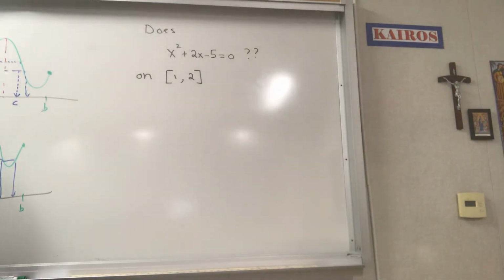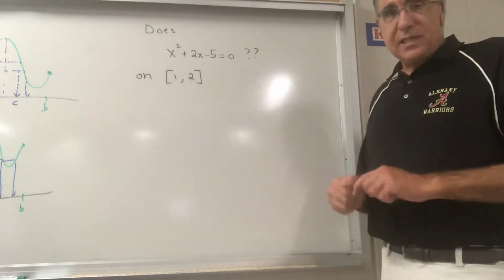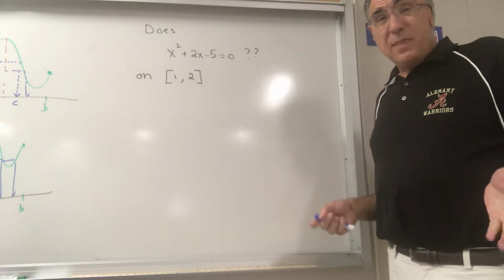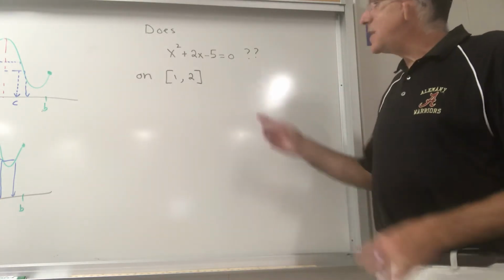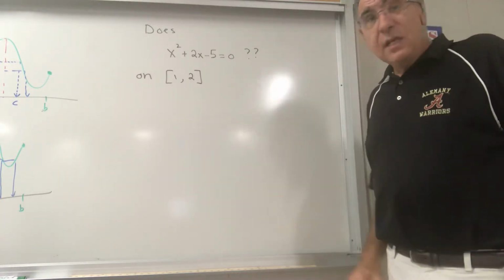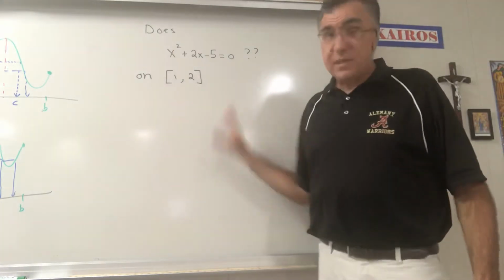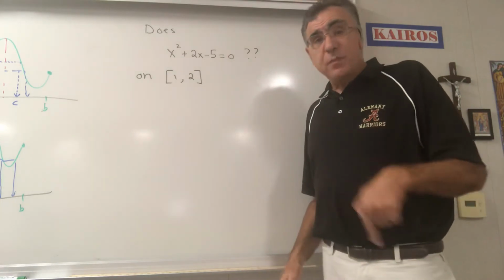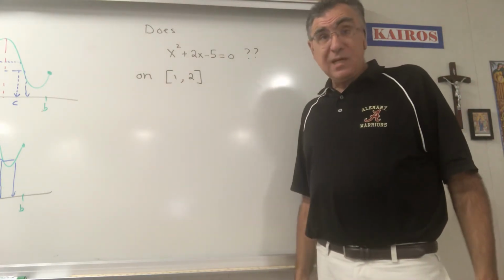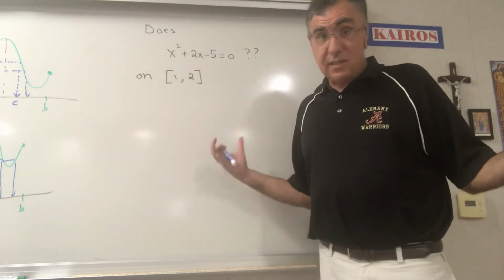Now I need to be clear that they'll sometimes ask it in funky ways on the AP exam, so I might do a second video on how normal people do this, and then maybe when I finish up this idea, the basic idea of the intermediate value theorem, I might follow it up with a short video on some of the weird ways they ask this on the AP exam.